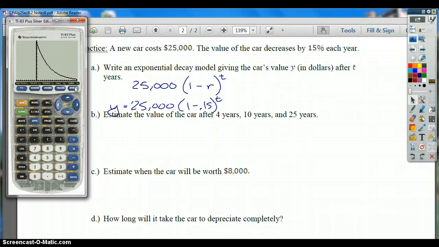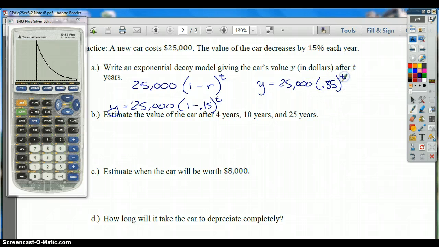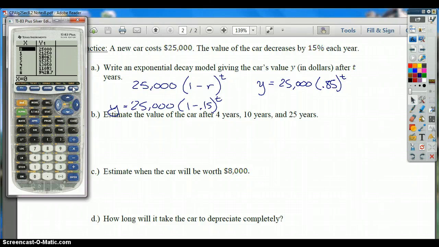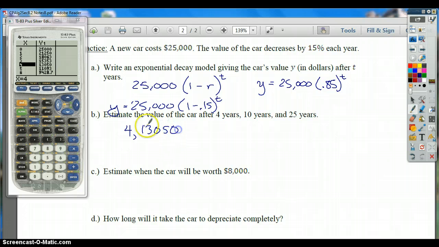Now, there's your model. Your model will be y equals 25,000 times 0.85 to t years, which is where we put our x. Estimate the value of a car after 4 years. Well, to do that, just go to your table. Where's x for? After 4 years, our car is going to be worth $13,050.